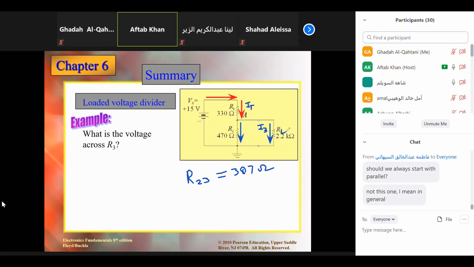What is that? I'm writing. What is that, this law? The series law? I will write it. Okay. You can write. You can use your pen. You can write on the screen. You go to the annotation and then you can write it.